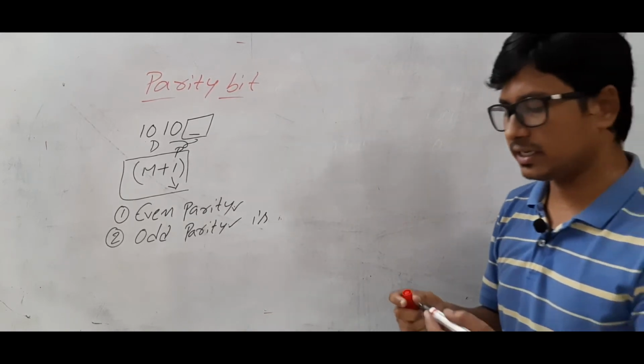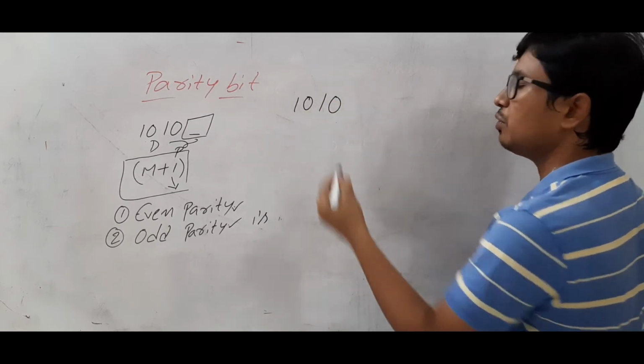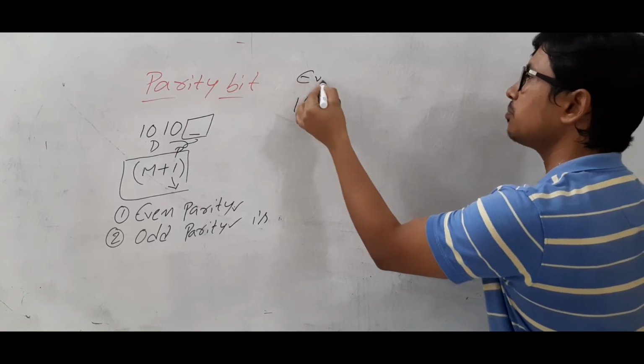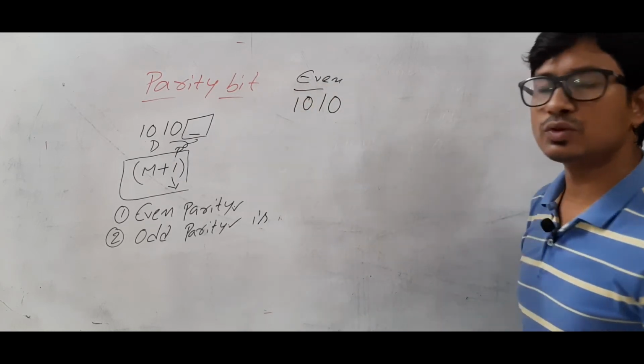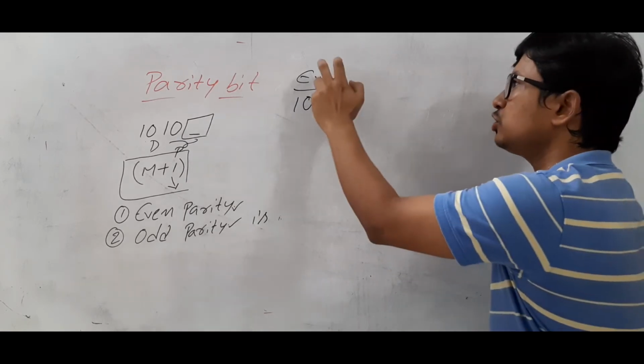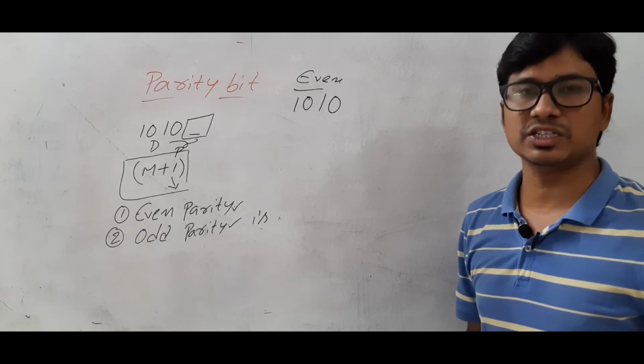Okay, now let's take that the source has sent the data 1010. The source wants to send the data and it wants to use the even parity. Before sending the data, the source and destination should mutually agree on what parity mechanism we are using.